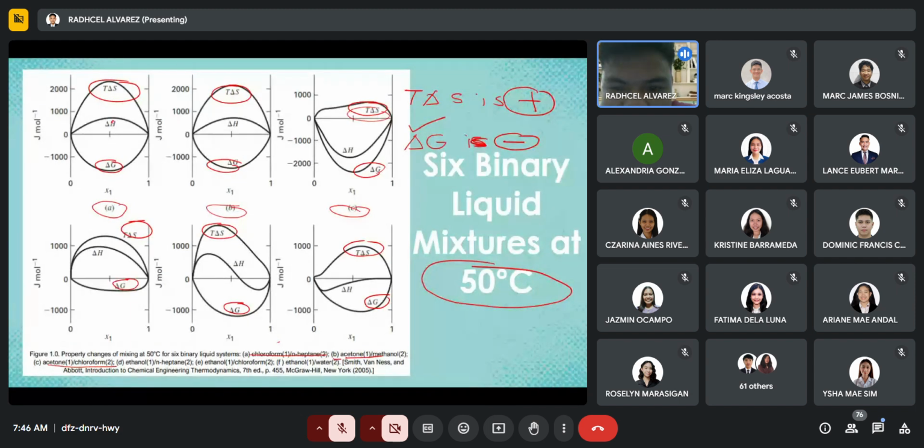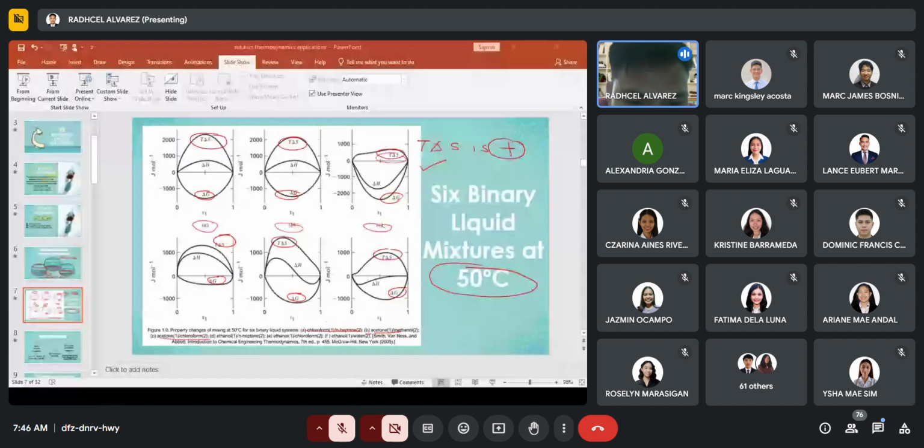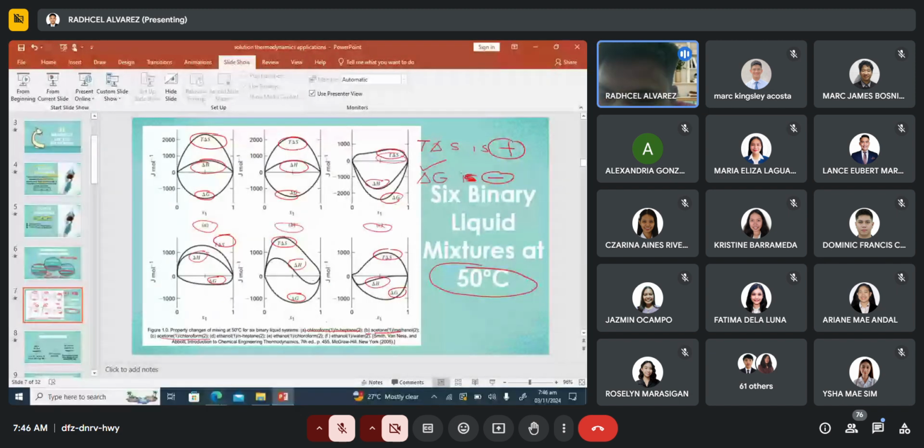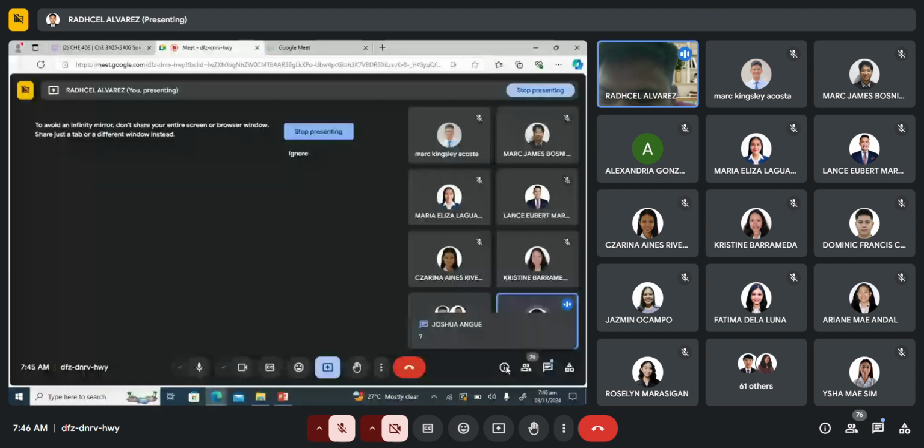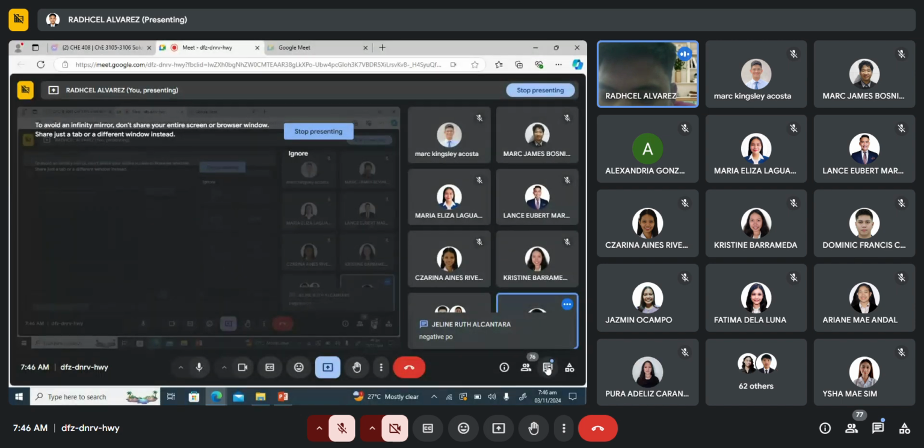As you can see in the trend in our graph, your delta G has negative value. So very good. So delta G is negative. Makikita natin ang ating delta G ay nasa negative value. So that is our next observation: our delta G is negative.